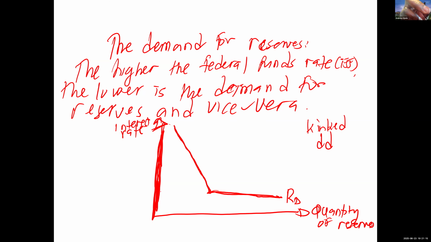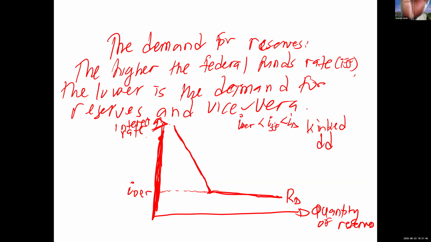So at this minimum point where the demand curve becomes flat, that is the interest rate the Federal Reserve sets on excess reserves. Okay. Remember, the federal funds rate is above the interest rate on reserves. We said that the interest rate on excess reserves is less than the federal funds rate. And the federal funds rate is always less than the discount rate. We did that.